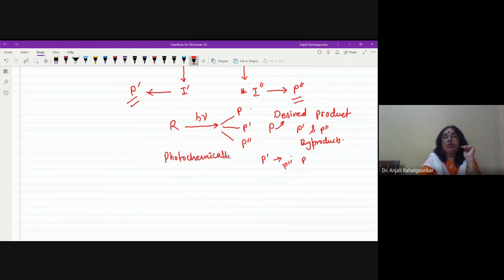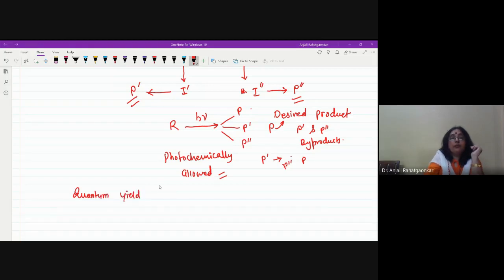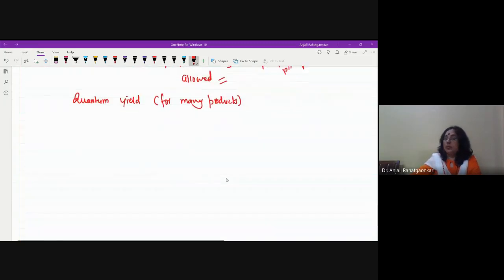The reaction has happened, and we got different products, P, P dash and P double dash. So how can you calculate a quantum yield for many products?